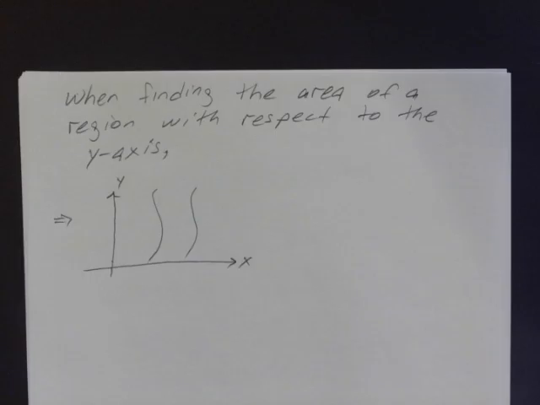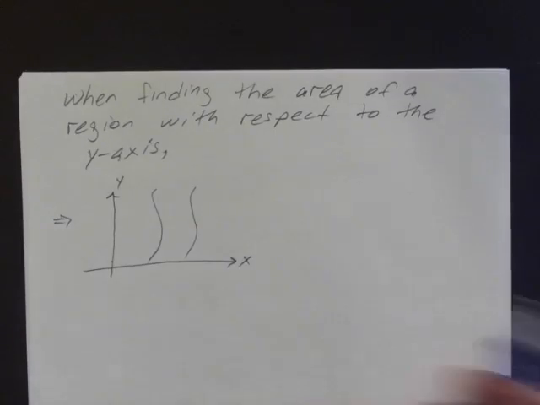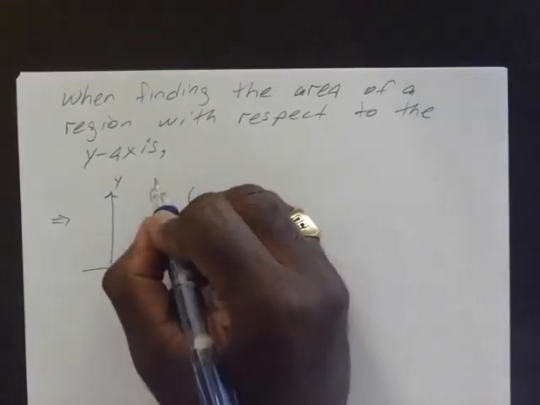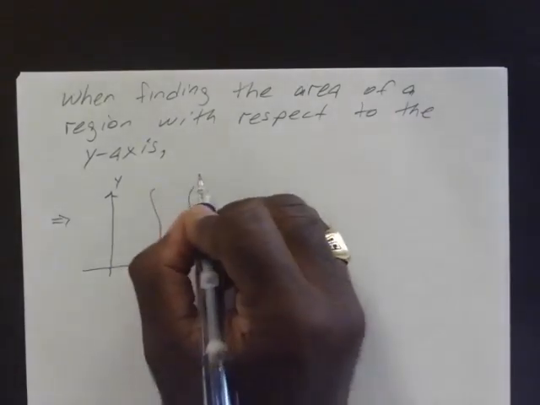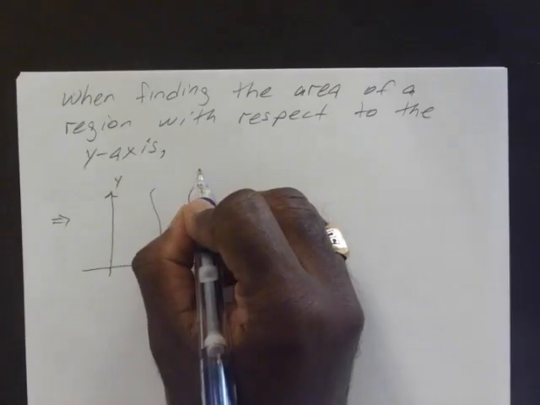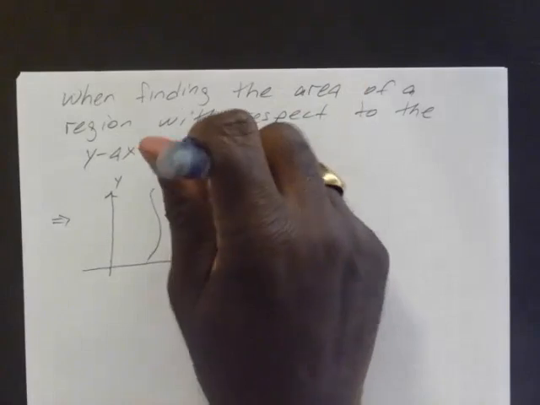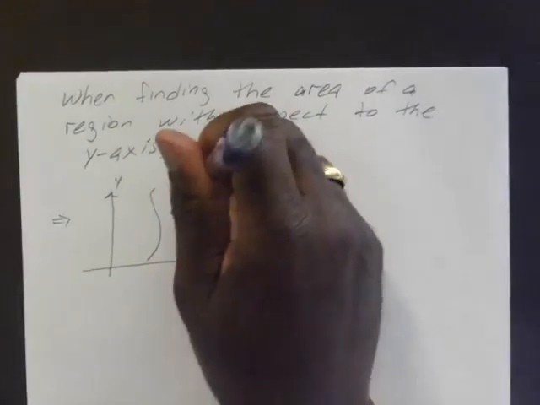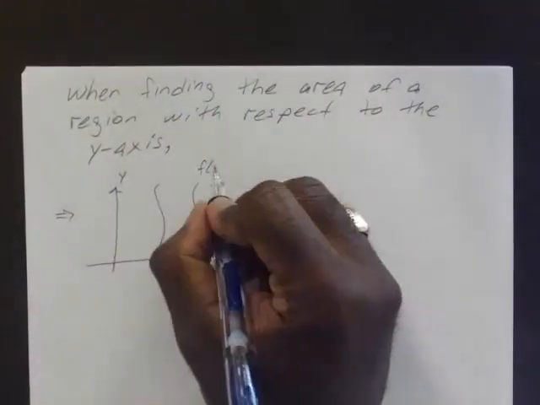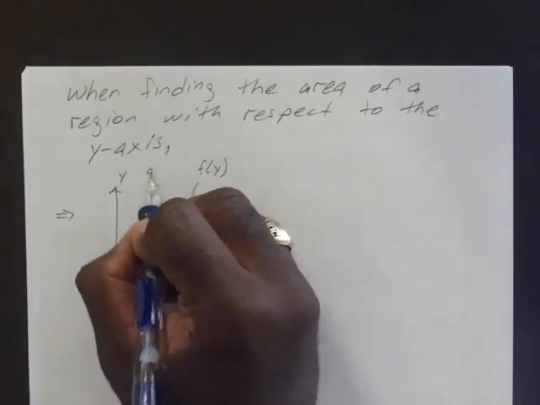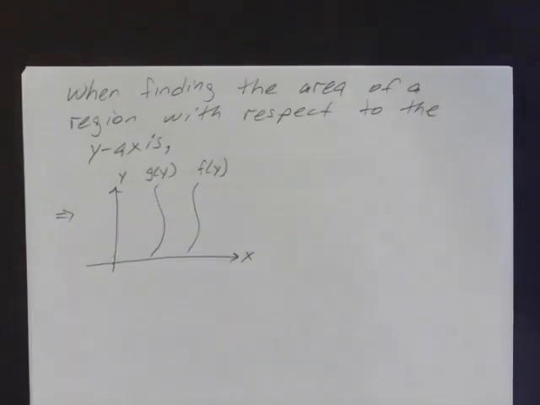We know that if our functions move left to right and pass the vertical line test, they are functions f of x and g of x. This one, let's say you have a function with respect to the y-axis, then that would be f of y and g of y. They're both integrating along the y-axis.